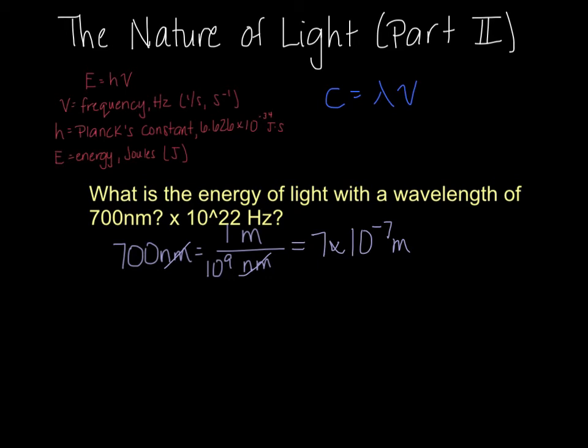Now I can plug everything in for c. So I know that my speed of light is 2.998 times 10 to the 8th meters per second. And again, I'm using this equation so that I can use my wavelength to find my nu.